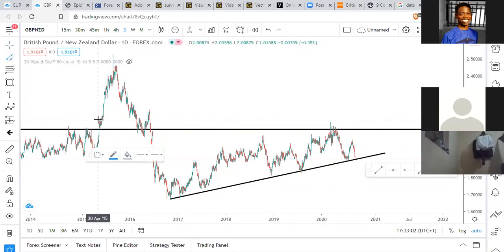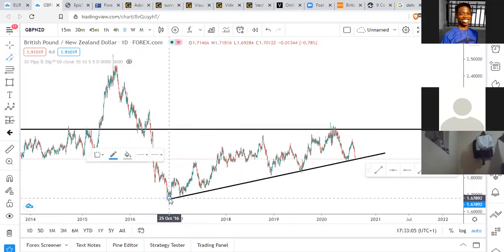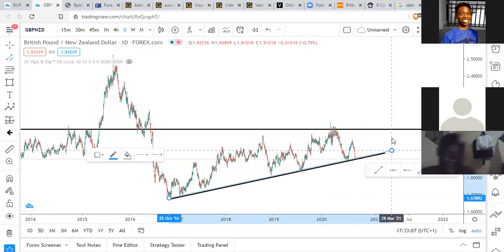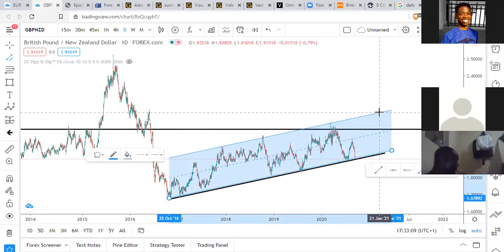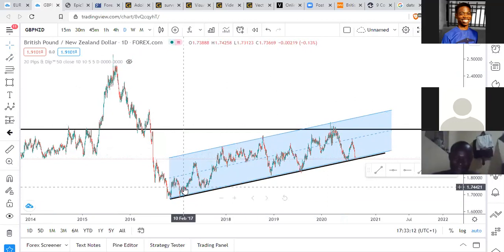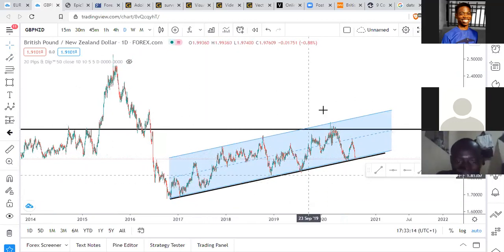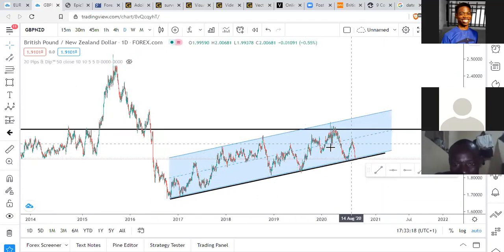As you can see, this currently is a bullish market. Let me draw from here up to this point. It's a bullish market, so you are looking for what? Buy opportunities. In a bullish market, you look for buy opportunities. In a bearish market, you look for sell opportunities. This is the best way to play safe in the game of forex.